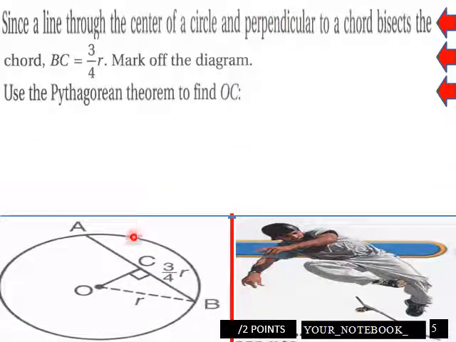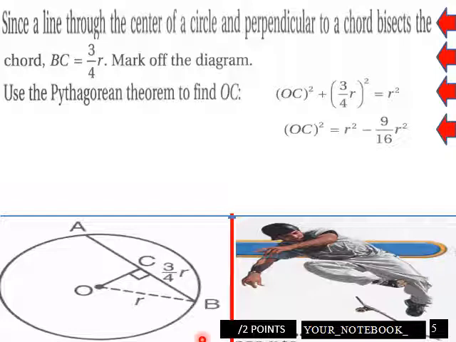Mark off the diagram. Use the Pythagorean theorem to find OC. We're going to find this. OC squared plus (3/4 r) squared equals r squared. So we're going to find this in relation to r. OC squared equals r squared minus 9/16 r squared.